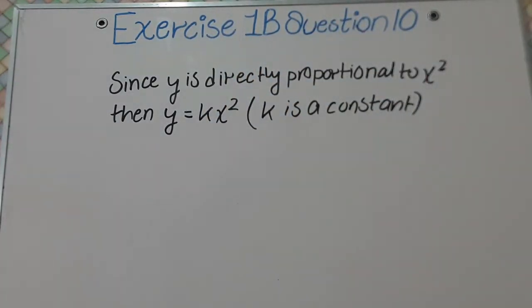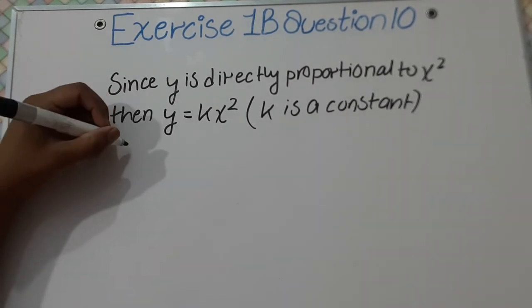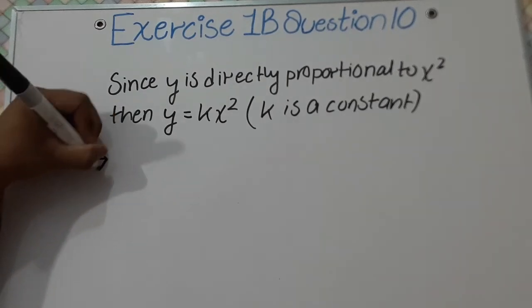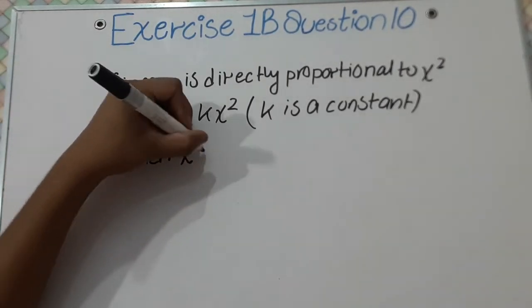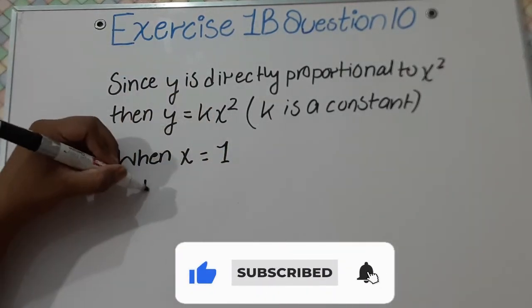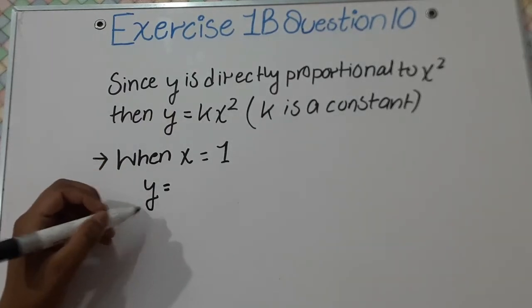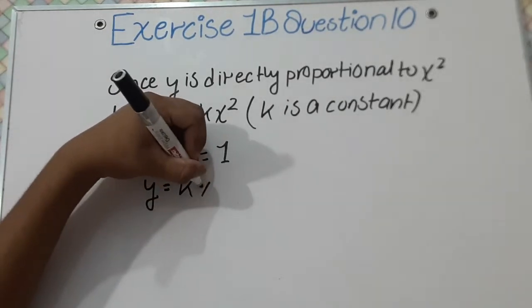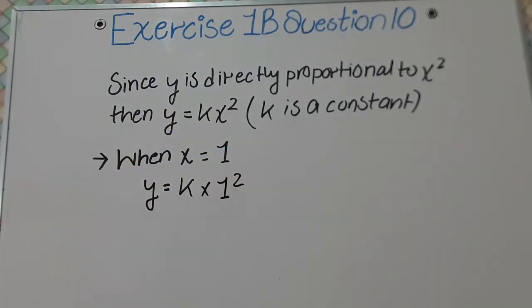First of all they have given us the value when x is 1. So we see the first thing, that when x equals 1, we need to find the value of k. So y would be as it is and k would be multiplied by 1 cube. 1 cube would be 1, and k multiplied by 1 is k.